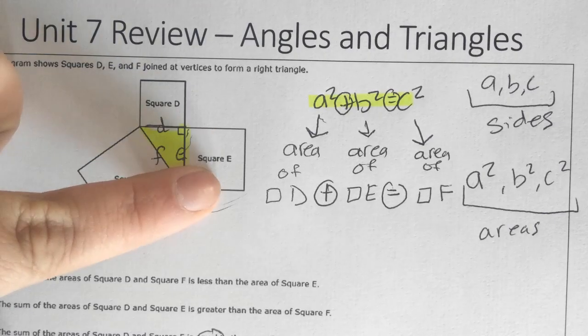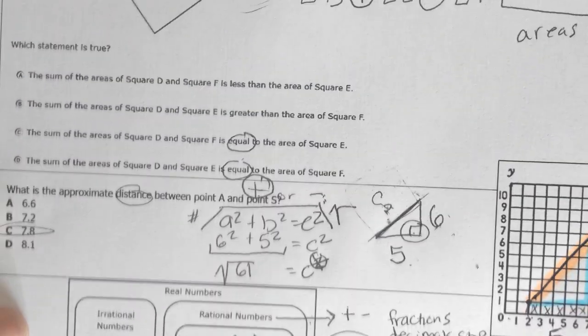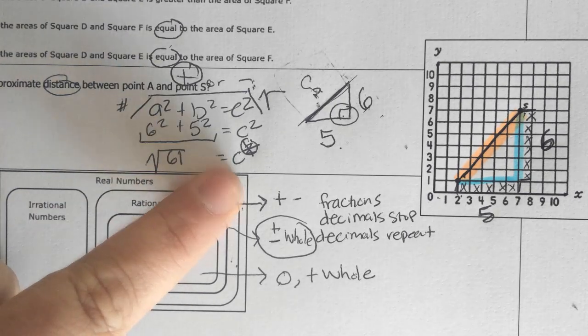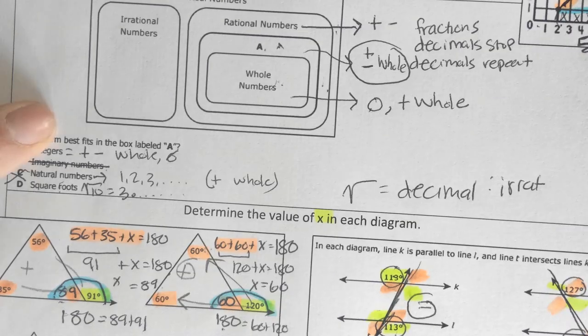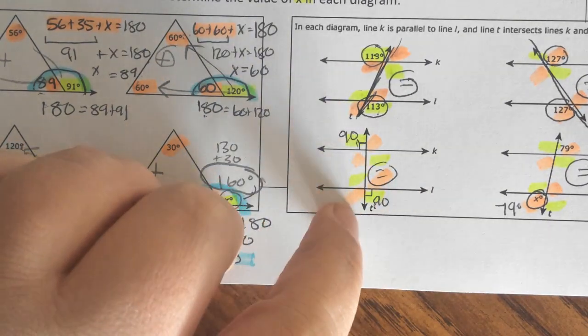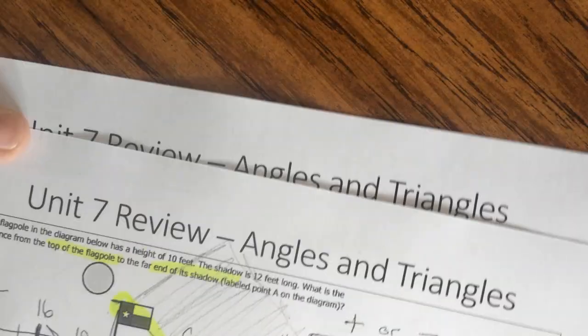So if you see a picture like this, it's talking about the areas likely. Distance on a coordinate plane, because it's distance, we're using Pythagorean theorem to help us there. The real number system, and then triangles and parallel lines cut by another line called a transversal, the angles that are formed by that. That is everything that we are reviewing for Unit 7, and we will test tomorrow.